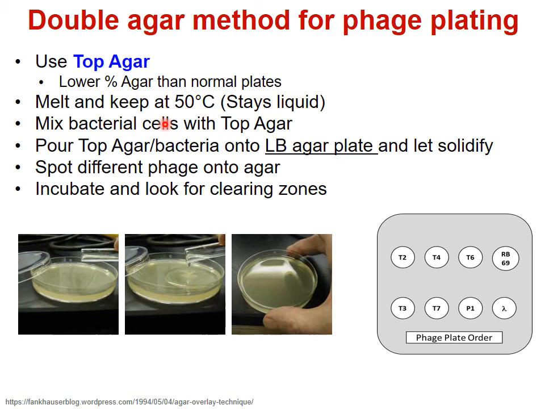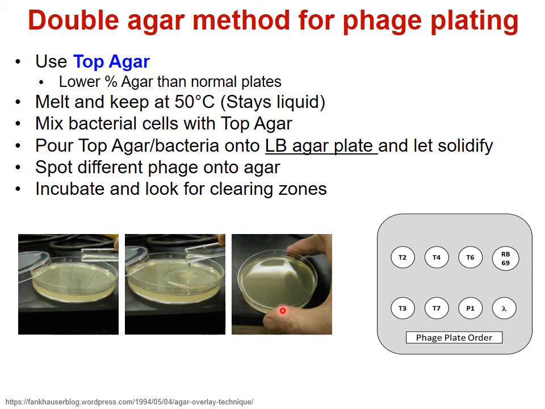We take the top agar, add the bacteria to it, and do not place it back into the 50-degree incubator because that can start killing the bacteria and heat shock them. And we take the mixture of bacterial cells with the top agar and pour it onto a plate. As this shows here, we just pour directly onto the plate, swirl the plate around gently to get the top agar to go evenly across the plate, and then we let that sit for a while and solidify.